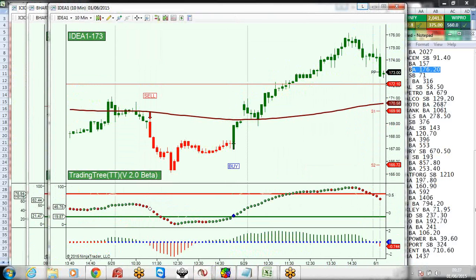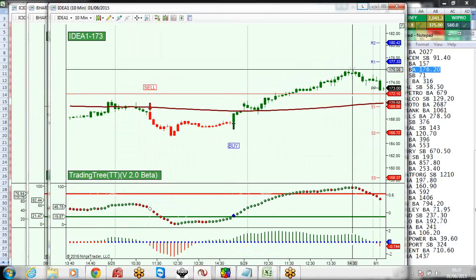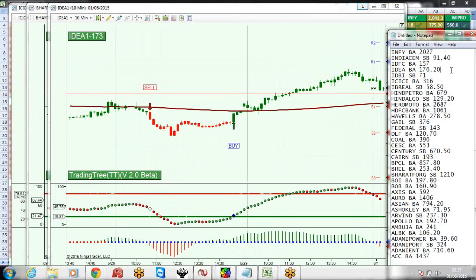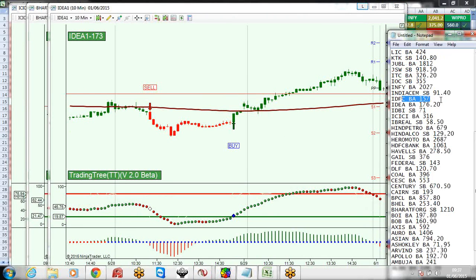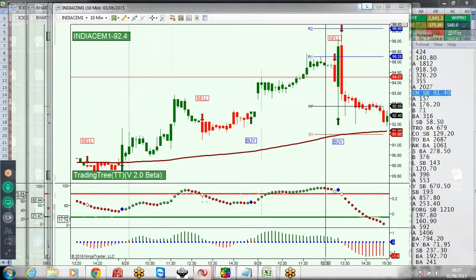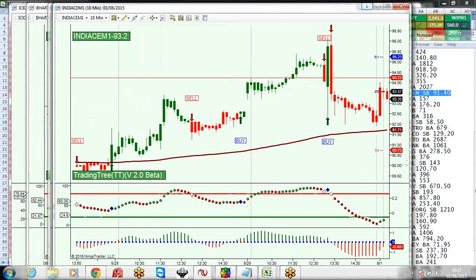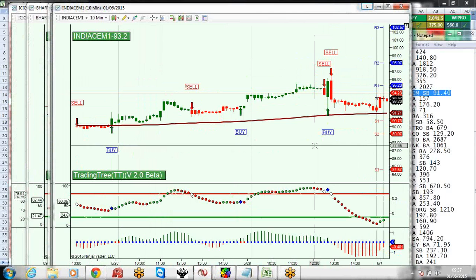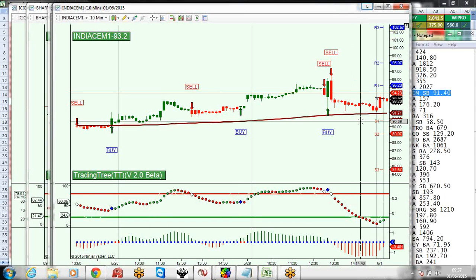Now that's not triggered. You can see that. Should be getting a sell call there. IDFC buy above, but we already have a sell call. India Cement, there is a sell call at 91.40. So that's not triggered. 91.40 is below this brown line.